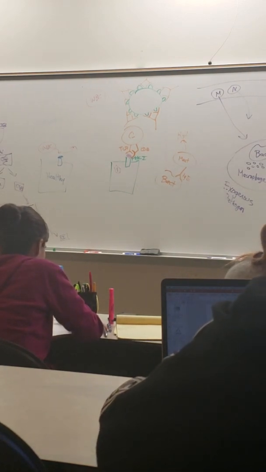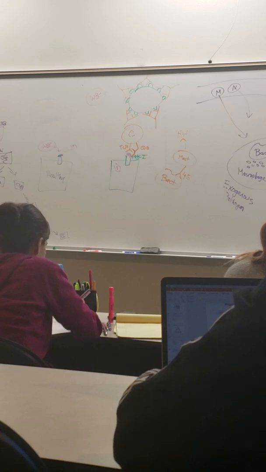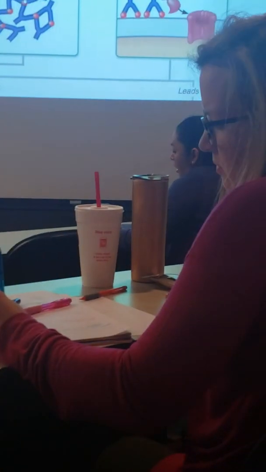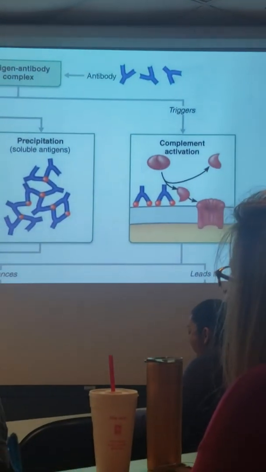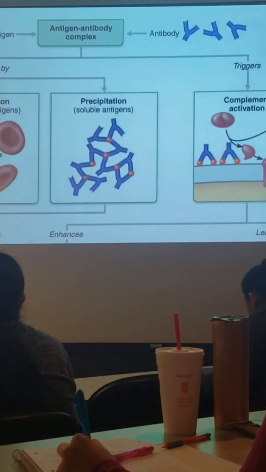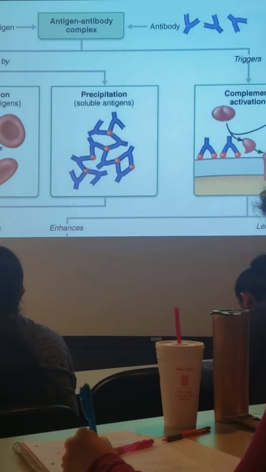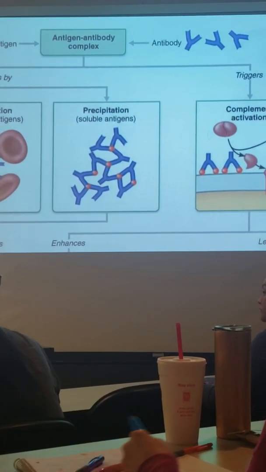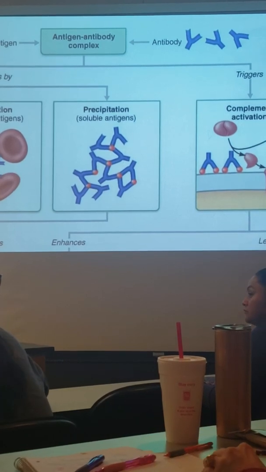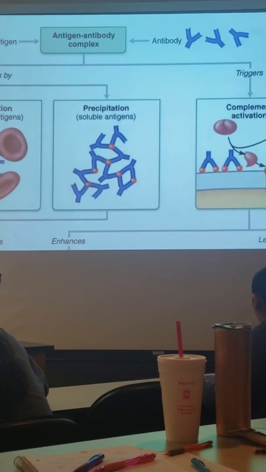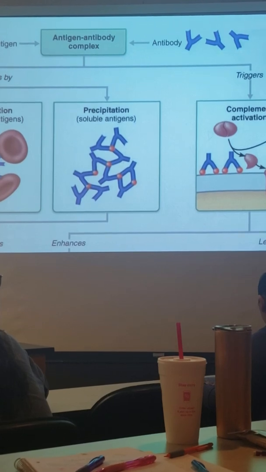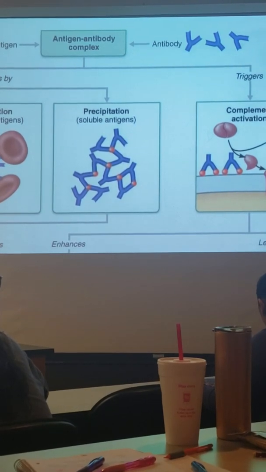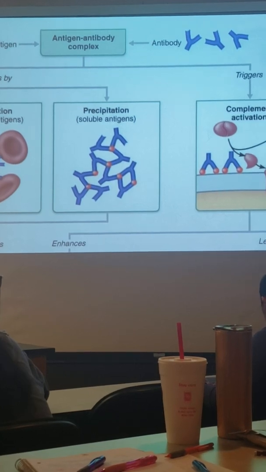Now, antibodies can also do something called precipitation. Now, precipitation is a process that we talked about in blood clotting. You guys remember fibrinogen? When it was in its inactive form, it was soluble. And then when we activated it, it became insoluble. You guys remember that? We went from having salt water to having sand water. Okay?